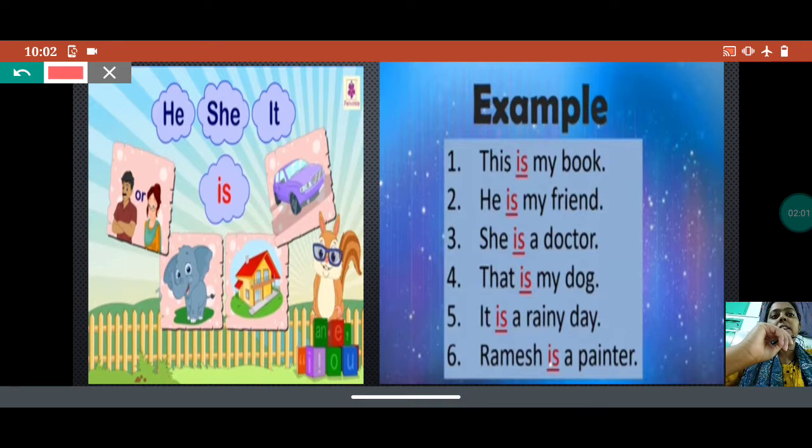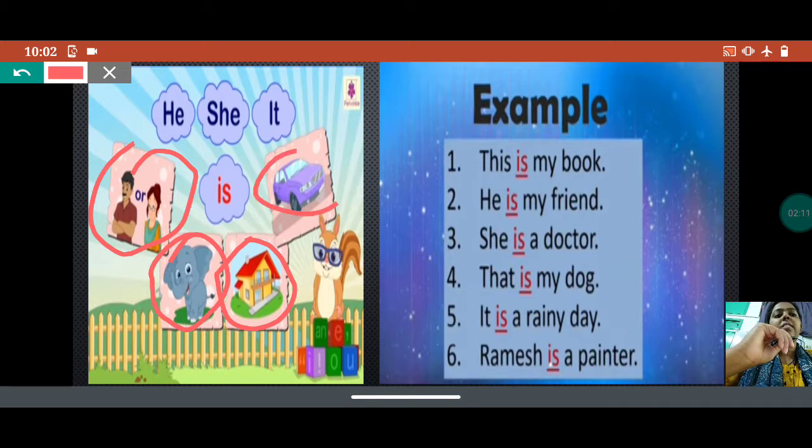Now let us see some examples of he, she and it used with is. See here in the picture, it is shown for a single person, whether male or female, a single animal, a single place and a single thing. So is is always used with singular nouns. For example, number 1, this is my book. That means we are talking about only one book.